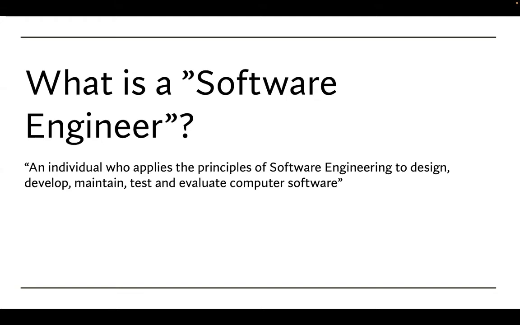Now, a question that I'm asked a lot is, what is the sort of capability needed to become a software engineer? What do you need to become a software engineer? So the answer to this question is simple. You need to know at least how the design process works, how to develop code, which is obviously going to be your job as a software engineer, how to maintain code, how to test code, and how to evaluate it.